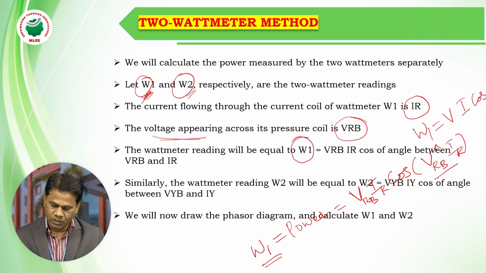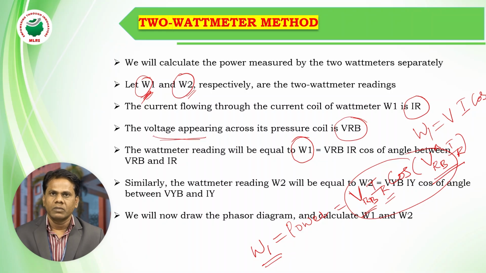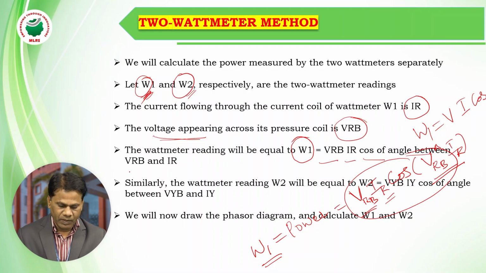VRB is the voltage across wattmeter 1, and IR is the current flowing through wattmeter 1. This is the power equation, that is nothing but the reading of wattmeter 1. W1 equals VRB IR cos of the angle between VRB and IR.